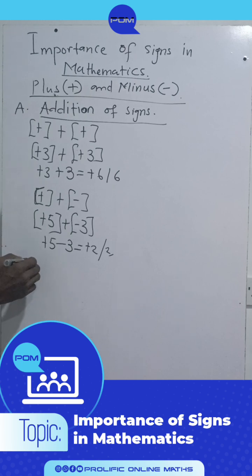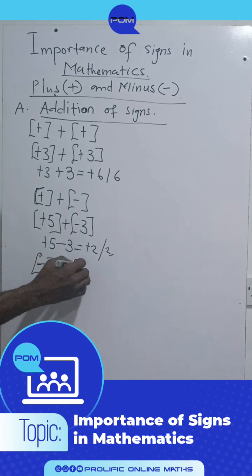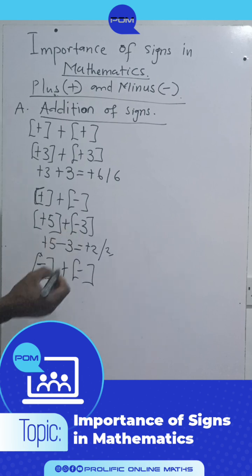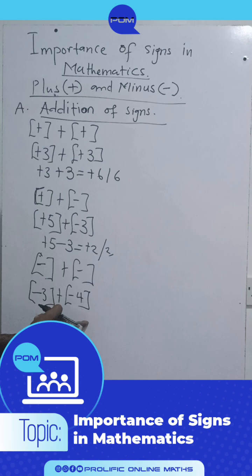Also, if you're having a negative before your sign, minus, plus, minus, you have it like this. By implication or by application, if you're having minus 3 plus minus 4, what is the implication here?